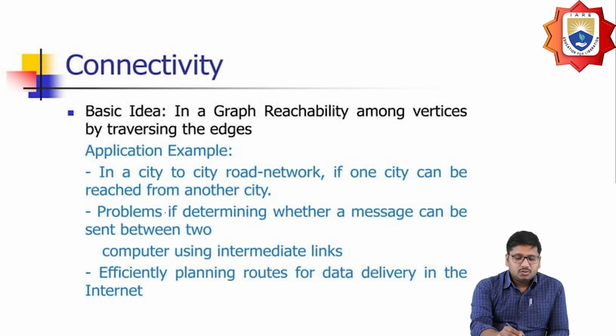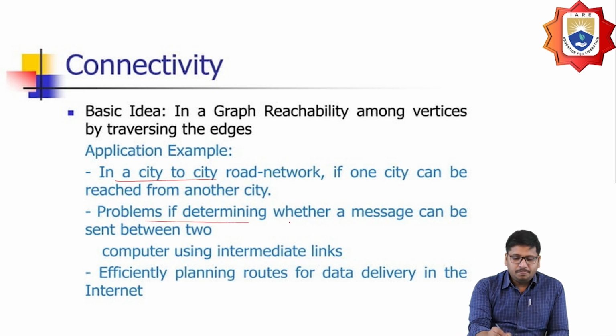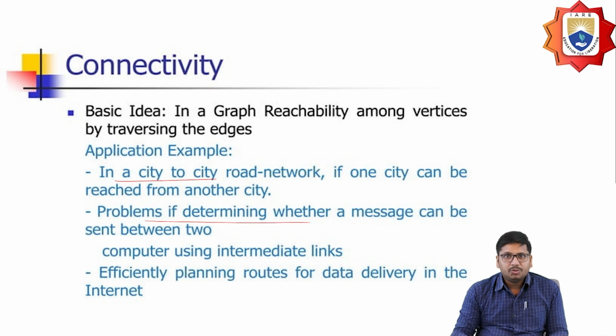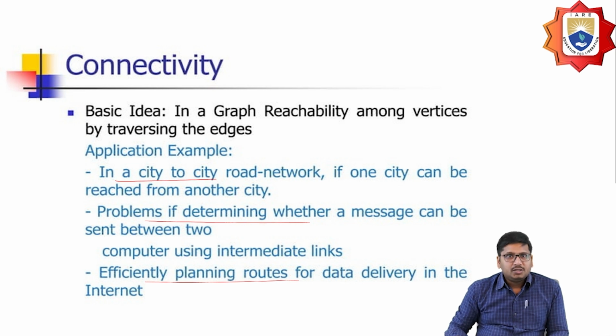For example, in a city-to-city road network, one city can be reached from another city. Other problems are determining whether a message can be sent between two computers using intermediate links, and efficiently planning routes for data delivery on the internet. Connectivity is important for many kinds of applications.